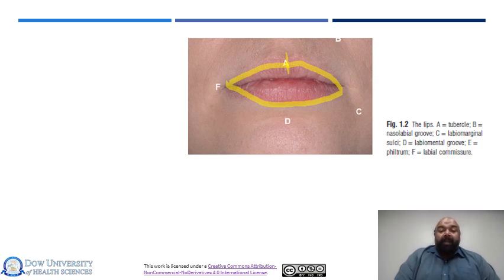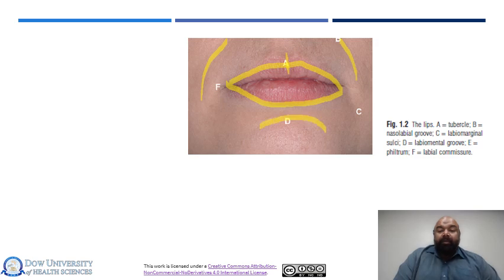Now, we have a nasolabial groove here and on the right side here. Now, these nasolabial grooves are not so prominent in the young, but with age, they become much more exaggerated and much more prominent. Then we have the labiomental groove.